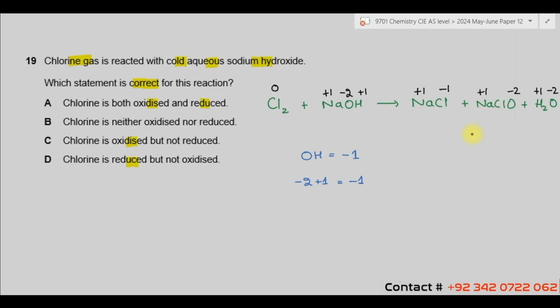Let's find out Cl in NaClO. Overall, it is neutral. Na is +1, chlorine is Cl, oxygen is -2. So -2 and +1 becomes -1, which means Cl will be +1.